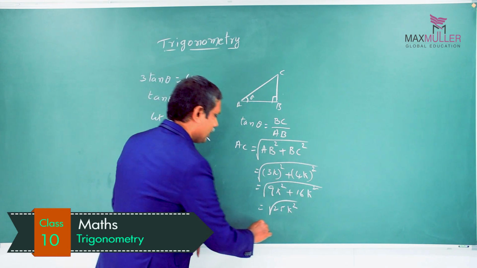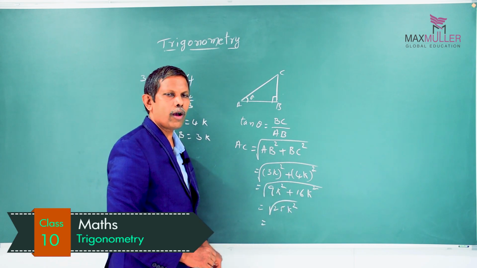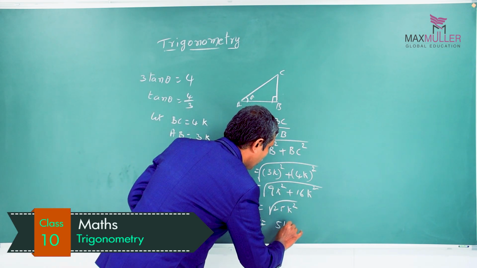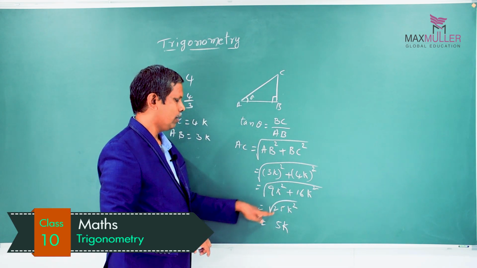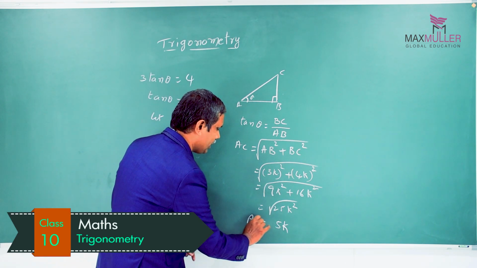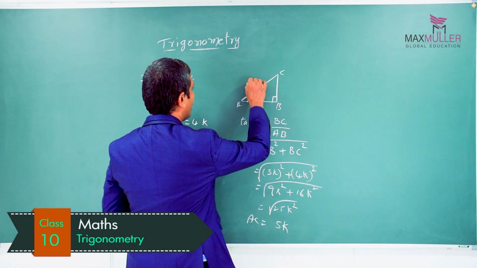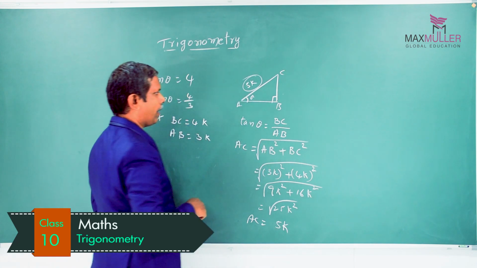You can write 25 as 5 square, so this is 5k whole square, and the square root cancels. Finally AC is equal to 5k units.